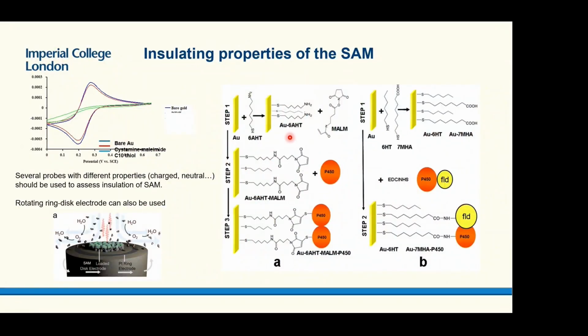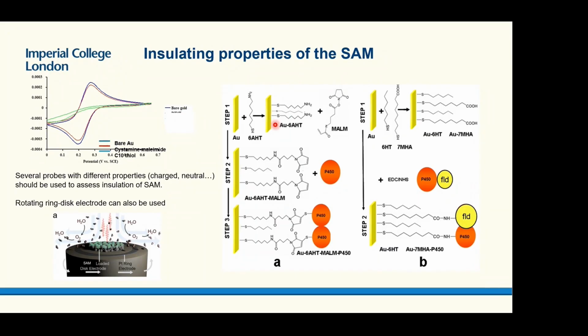The other thing you can do is that obviously you can use the self-assembled monolayer to try to insulate your system. It's quite important, for example, for P450s, because they use oxygen as substrate, and you don't want to have the oxygen directly reduced on the electrode surface, because you need anyway to scan to quite negative potential.